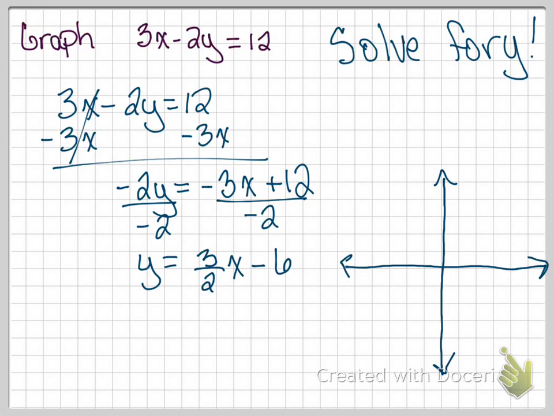Okay, so now we have our b value, which is our y-intercept. Then we have our slope. Okay? I start at negative 6. I don't ever go down far enough for negative 6.